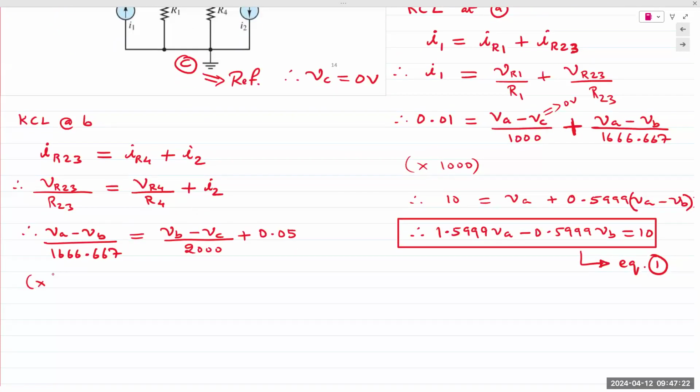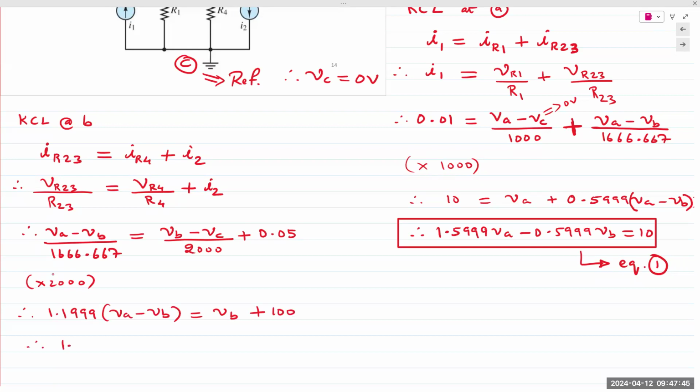Now I'm going to multiply this times 2000. That gives me 1.1999 times VA minus VB equals VB plus 100.